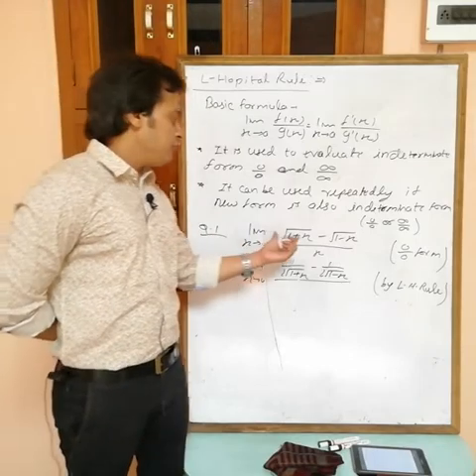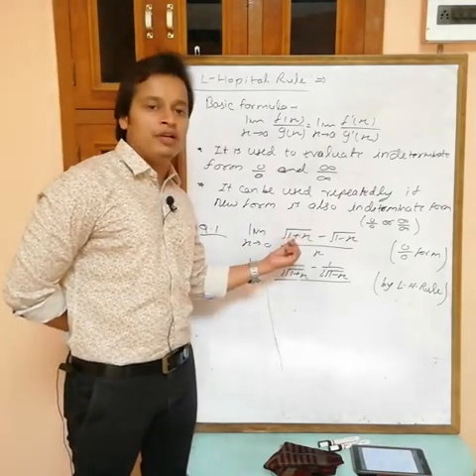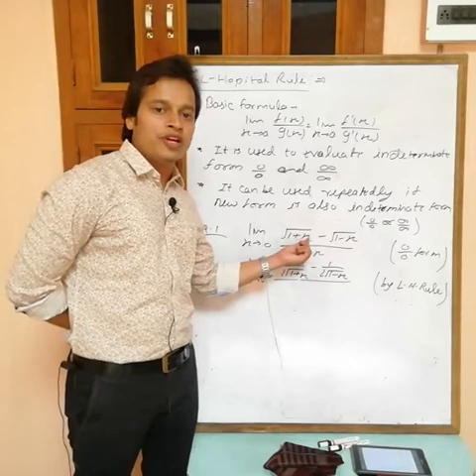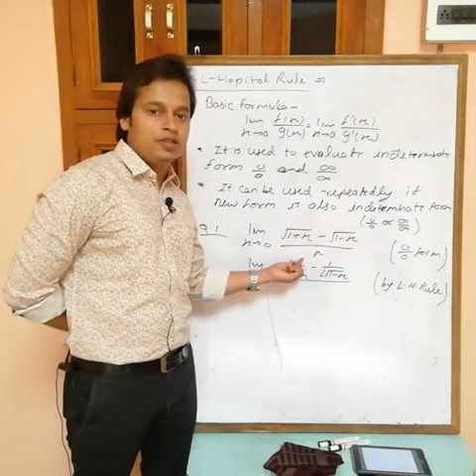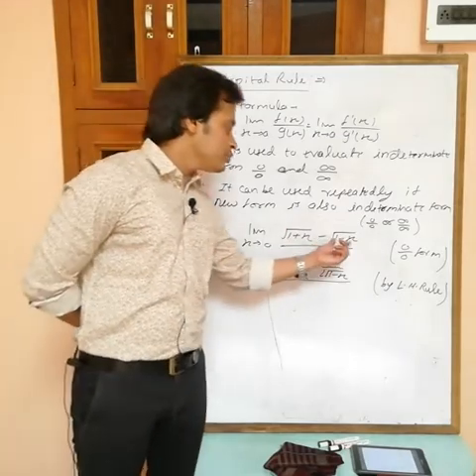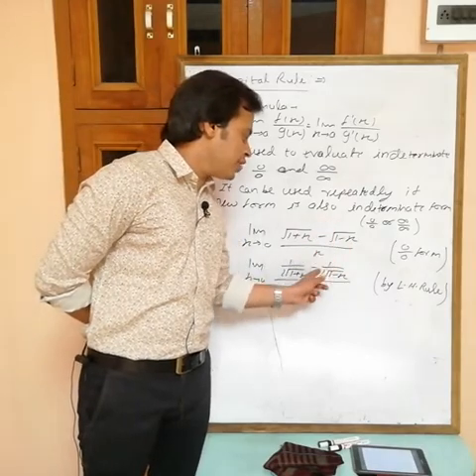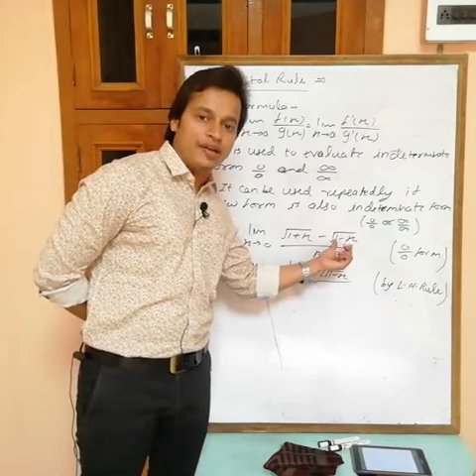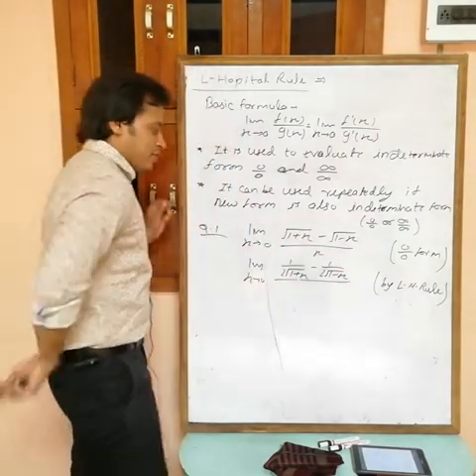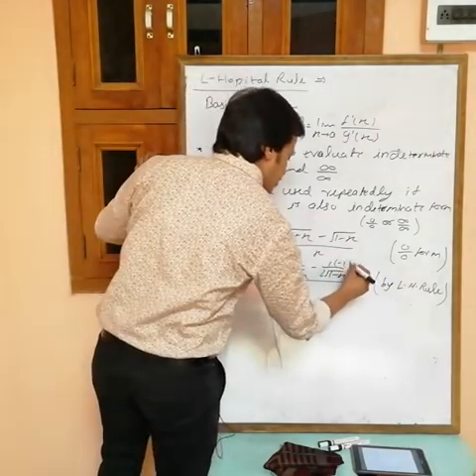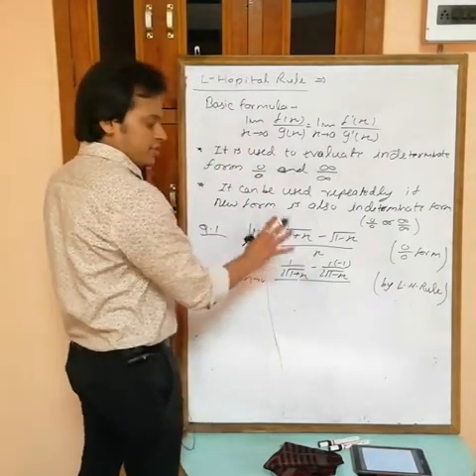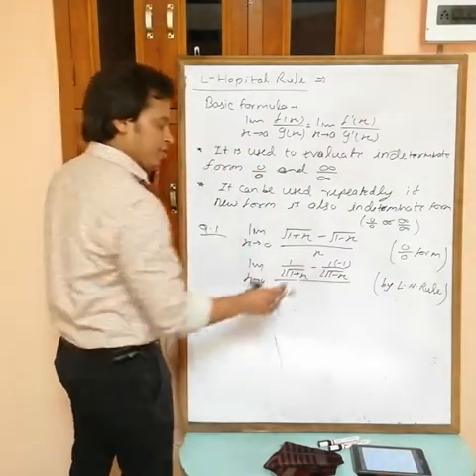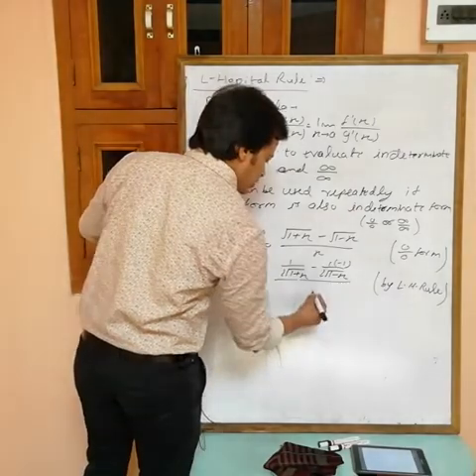If you differentiate 1 plus x, derivative of 1 is 0, derivative of x is 1, I multiply with 1. For the second, assuming it as x, 1 by 2 root x, again differentiate the assumed x, derivative is minus 1, multiply by minus 1 and you get this. This is the derivative of numerator. Now differentiation of denominator in denominator is 1.